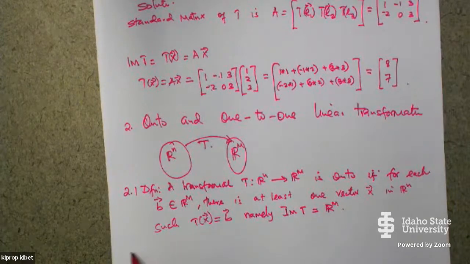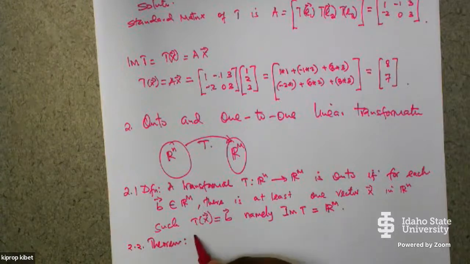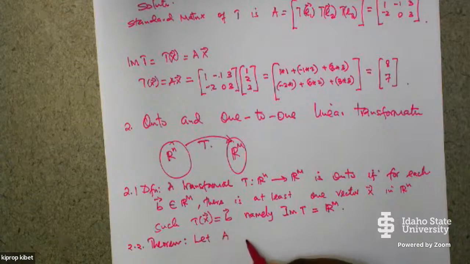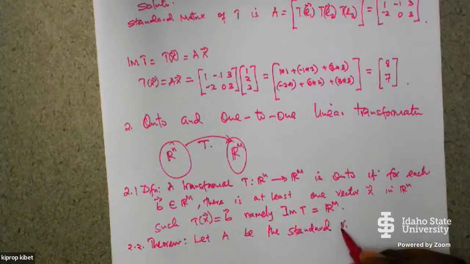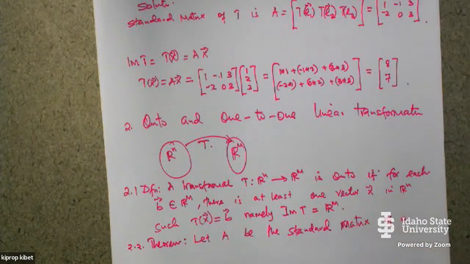Now, let's look at theorem 2.2. Let A be the standard matrix of a linear transformation T from Rn all the way to Rm.